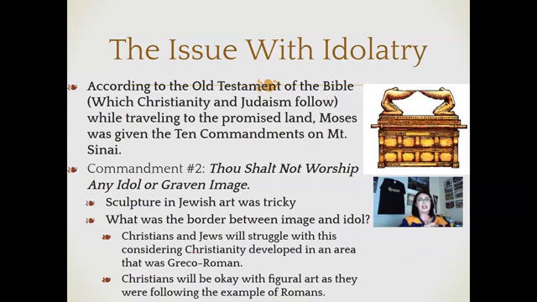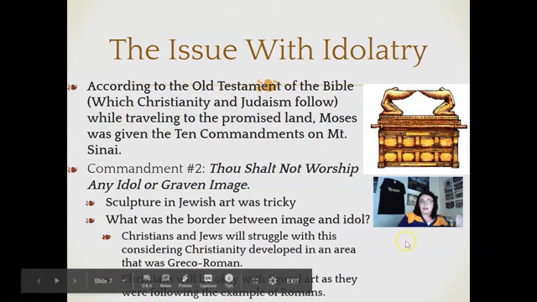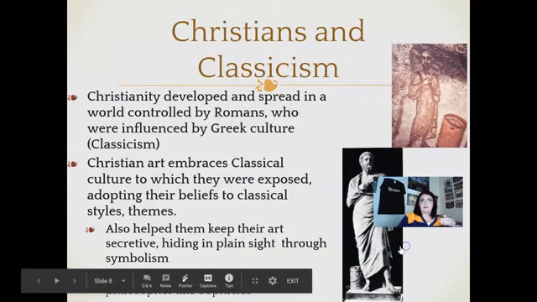And so before Christianity is legal, this is a really good way for them to be able to hide in plain sight. So figural art, which we see as figures of animals or people, is going to be okay in Christian art, but not in Jewish art.